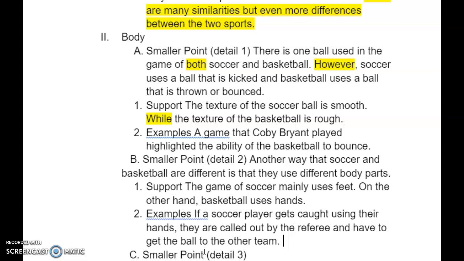Okay, so that's a mistake in soccer if you use your hands, right? It's called a handball. So my contrasting words or phrase here would be on the other hand.